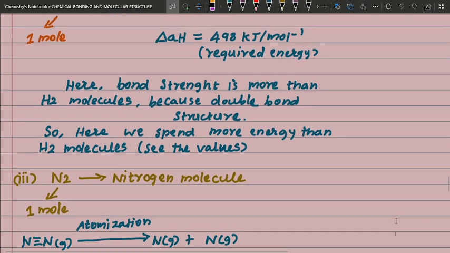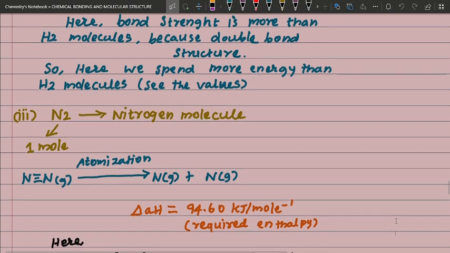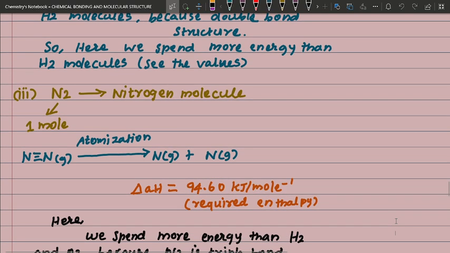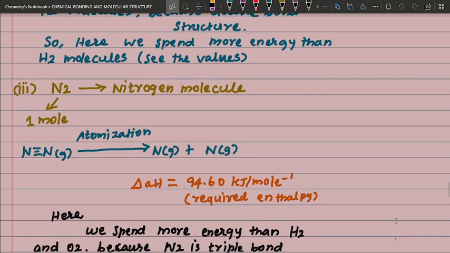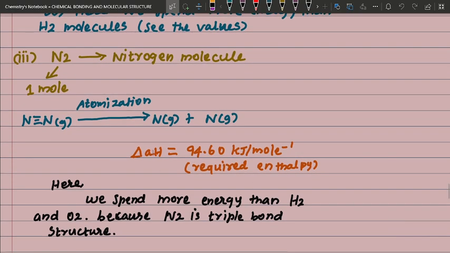Next, nitrogen molecules. We know that nitrogen makes a triple bond structure. This is 1 mole of nitrogen gas.